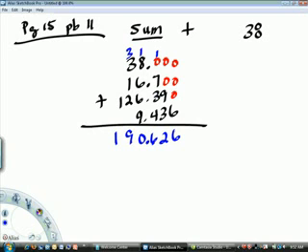And then where do you put the decimal in the answer? You just move it straight down. So 190.626. And so you look at the answers here, and there's a 190.526. So I may have made an error.